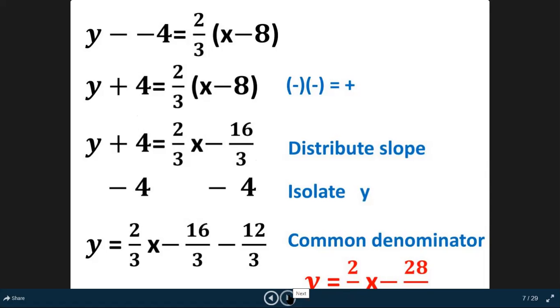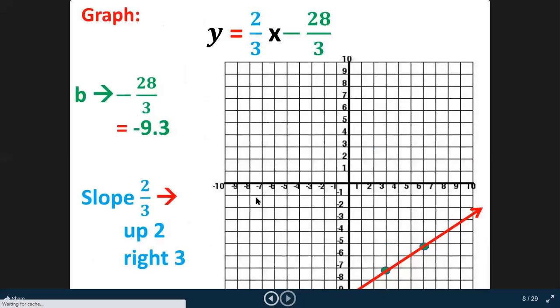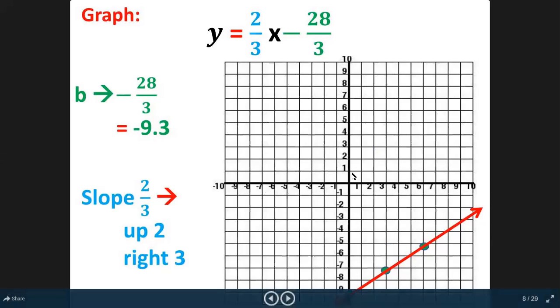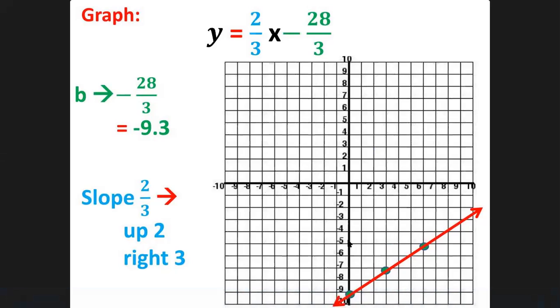No, Miss. Okay. Next point: if I want to represent this graphically, I change the point-slope form into slope-intercept form and graph it. The y-intercept is negative 9.3, so we go down. We start from the starting point, which is (0, b). Do you remember?